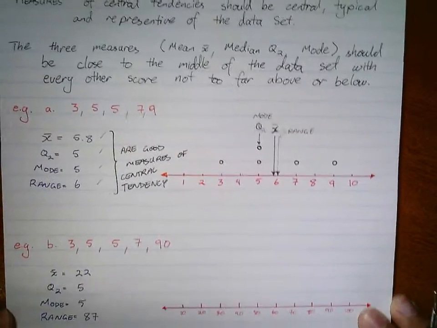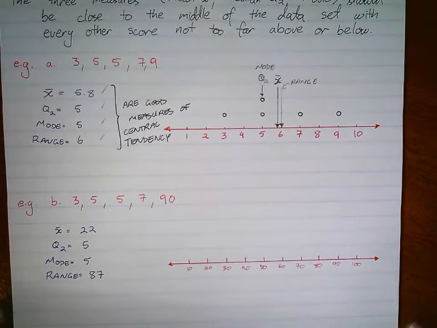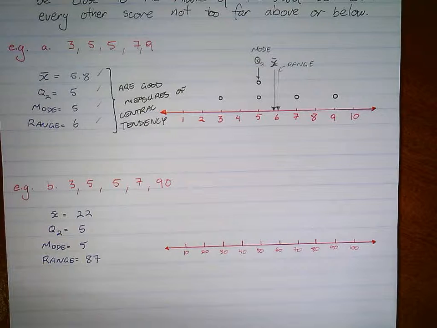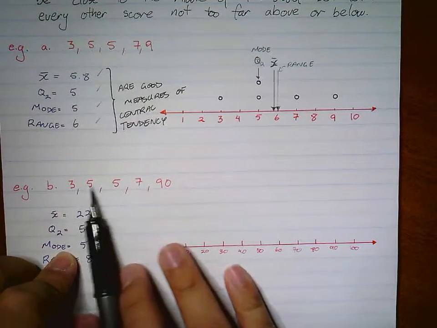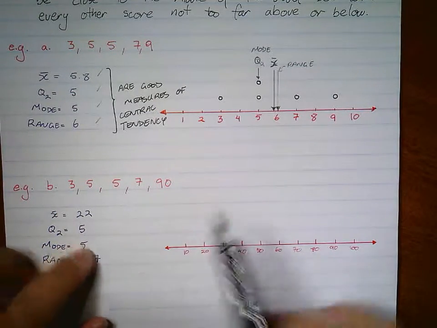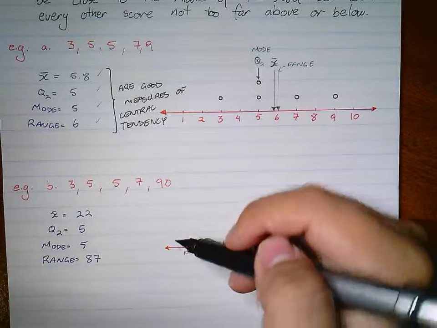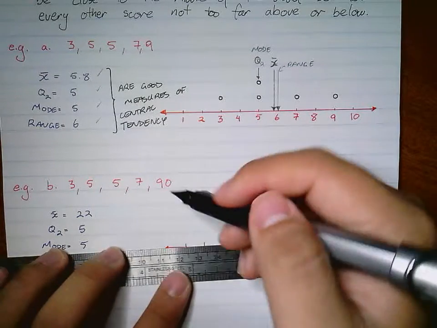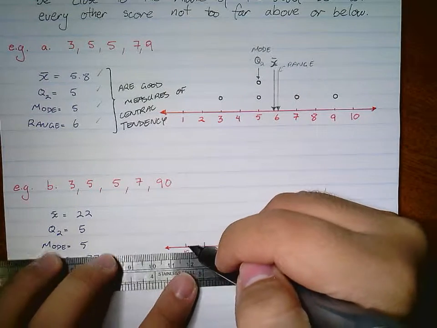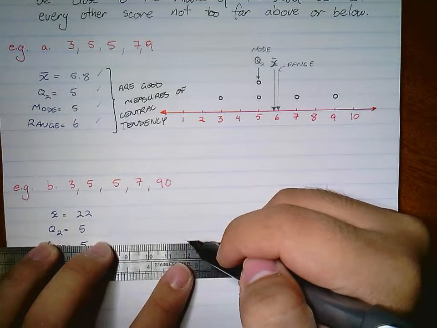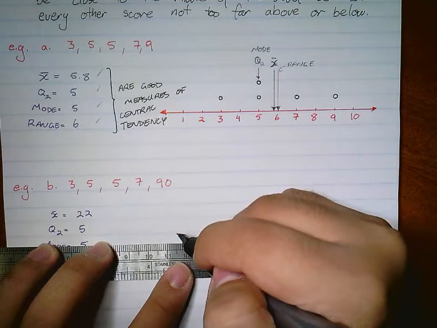Okay, now we're going to take a look at that in comparison to our next data set here. So what we're going to do is first put our values 3, 5, 5, 7, and 90 onto our number line, onto our dot plot, sorry. So 5 should be in between 0 and 10, so it's around about here.